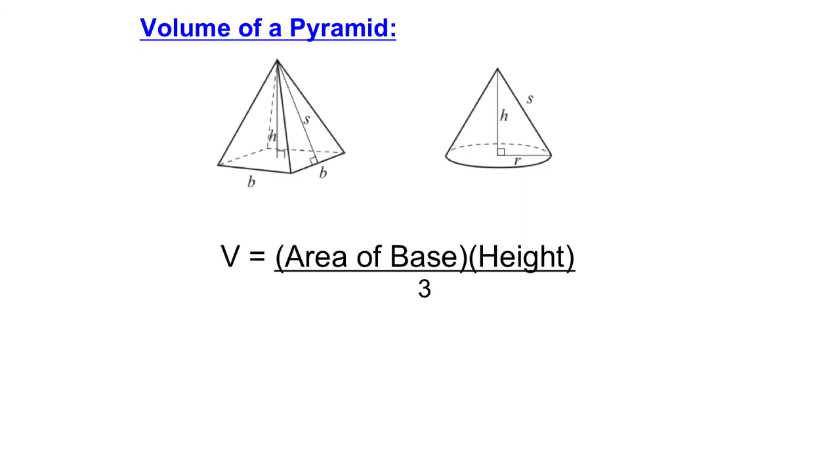And it's the same in a cone too. Okay, whatever kind of pyramid you have, whether it be a cone, a square-based pyramid, a triangular-based pyramid, a pentagonal-based pyramid, whatever, the volume of the pyramid is equal to the area of the base times the height of the pyramid divided by 3. So keep that idea in mind as I go through the next example.